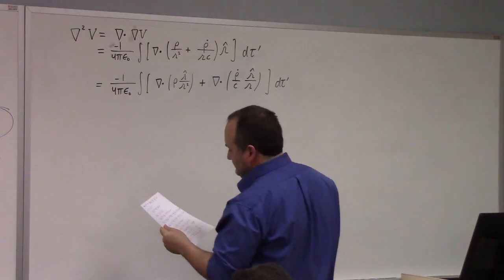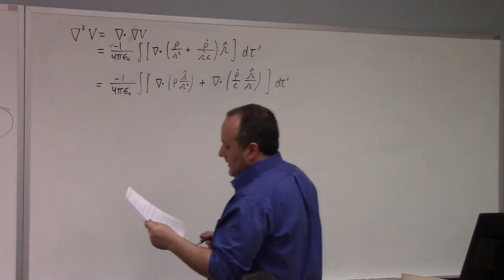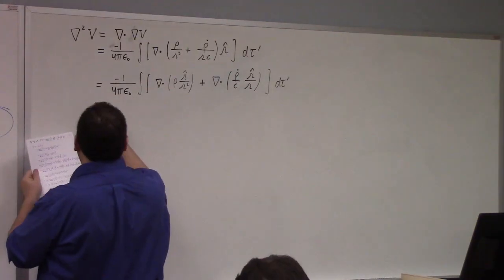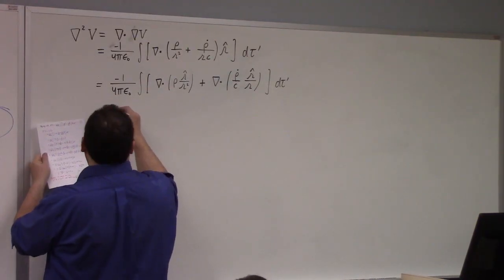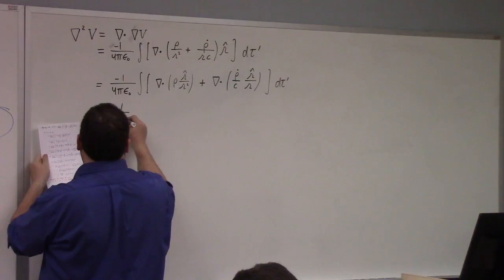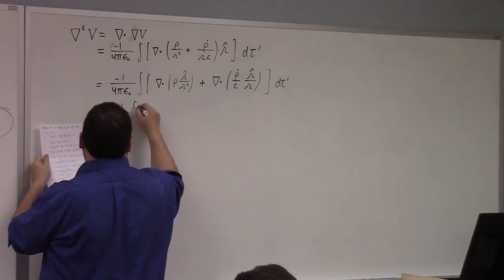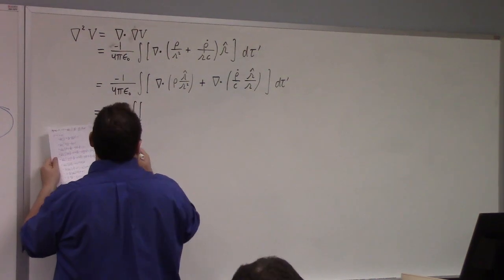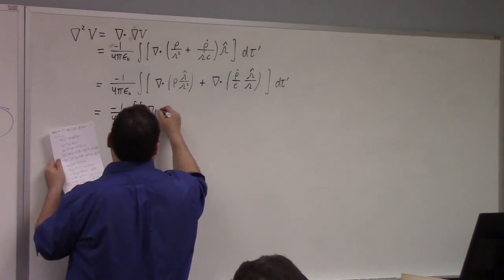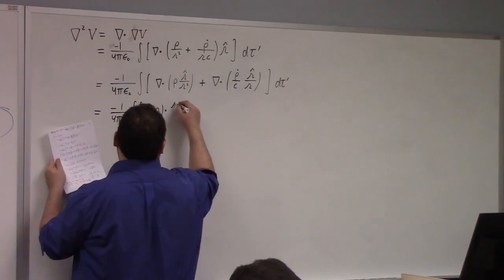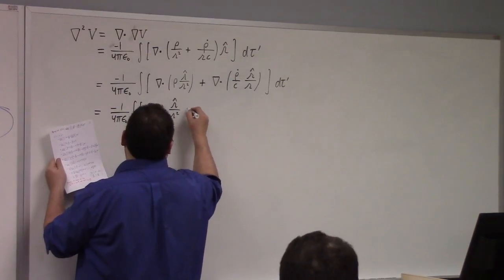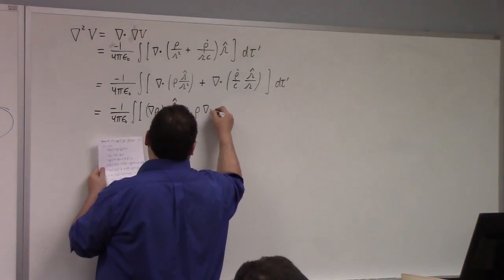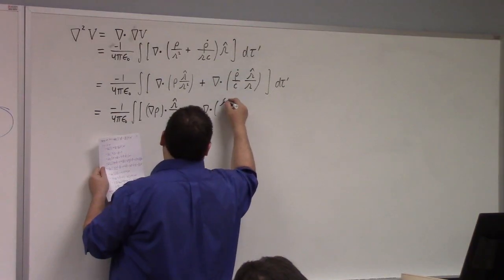Then I have minus 1 over 4 pi epsilon naught, the integral of the gradient of rho dot r hat over r squared plus rho times the gradient of r hat over r squared.